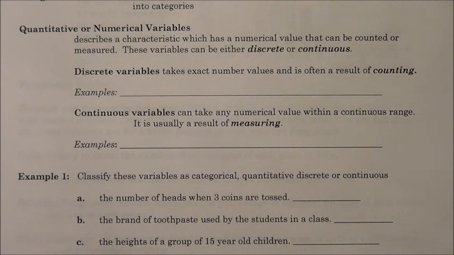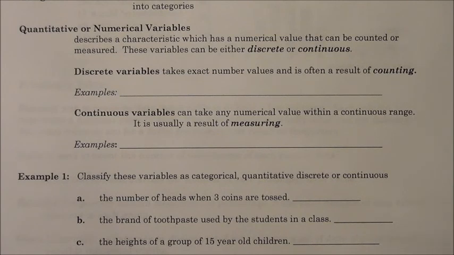whereas the 50 cents part, the actual value of the money, is considered continuous because the money is continual from 1 cent to 2 cents to 3 cents, all the way up, and then it can get into the tens of dollars, the hundreds of dollars, the thousands of dollars, the millions of dollars, etc. So that's considered continuous, just like time is continuous.